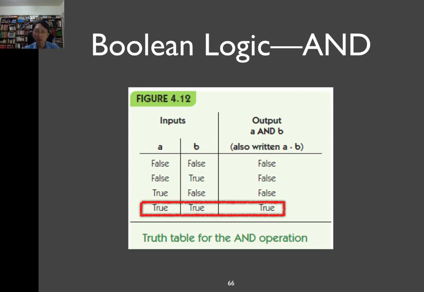It is written as A dot B. 它写起来像是 A 乘以 B, 实际上也是像乘法一样。As long as one of A or B is false, 只要 A 与 B 有一个是 false 的话，这个的结果就会是 false。只要有一个是假的呢，它就输出就是假的。The only case that can have a true output is A is true and B is true.